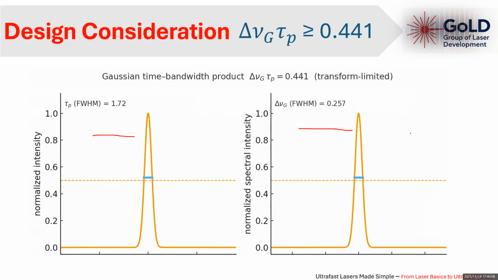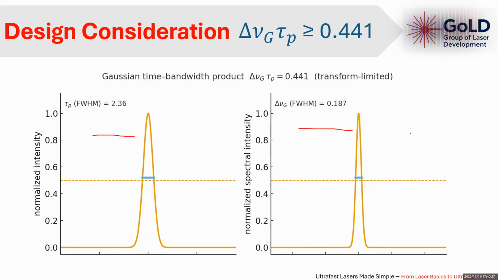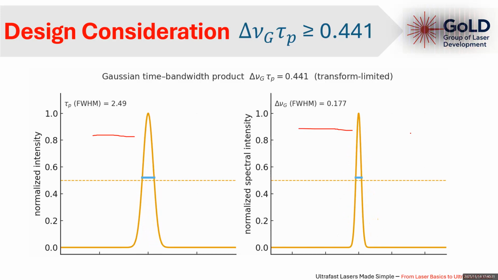This is what the simulation shows. If bandwidth increases, then pulse duration reduces, and if bandwidth decreases, then pulse duration increases. So this is related to the first design consideration equation, which we just studied.